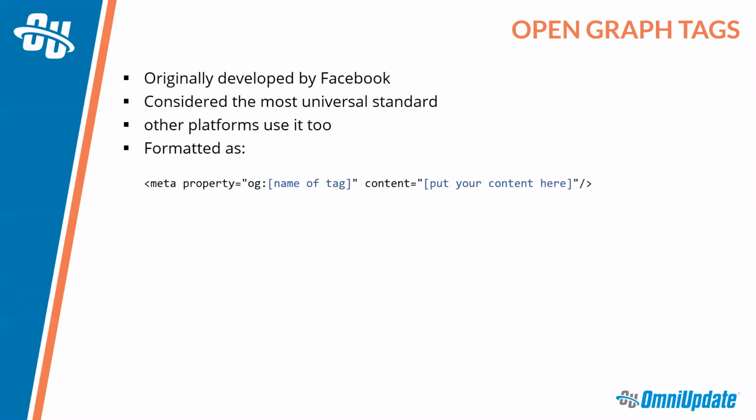So some examples of Open Graph tags, this is what it might look like: you have your meta tag and you have your property. And inside that property attribute, you're going to have og colon, and then that's going to be the name of your tag. Then you have your content attribute, and that's where you'll actually have the information that will be stored for that particular value.